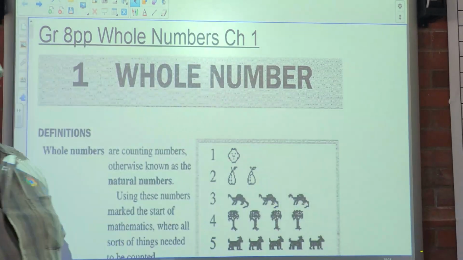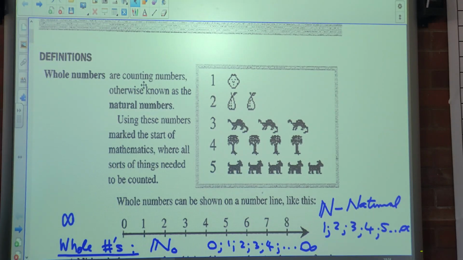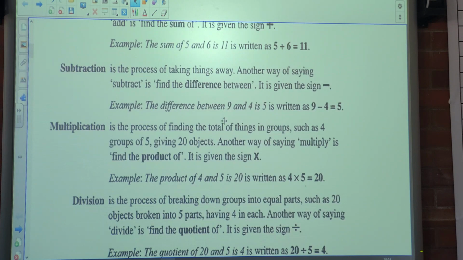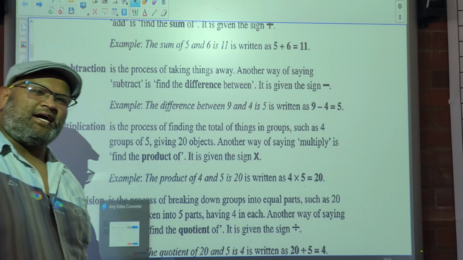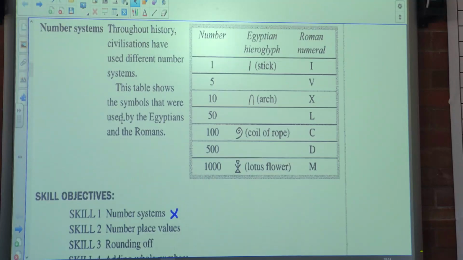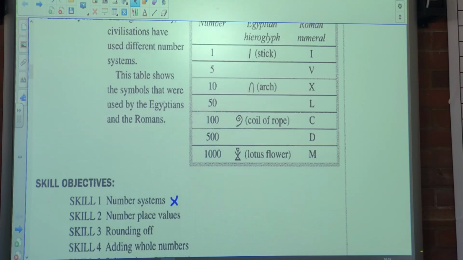Okay, so in our previous lesson we spoke about the whole number system, natural numbers, whole numbers, subtraction, multiplication, division, all of those things, okay? And we also indicated how the number system started with Egyptian numbers and so on.